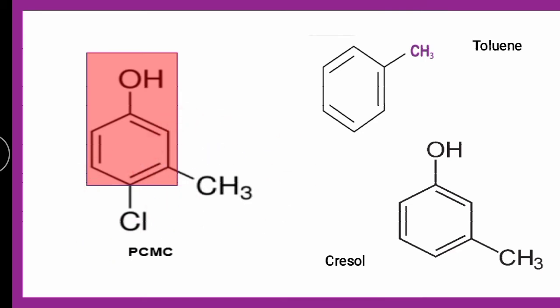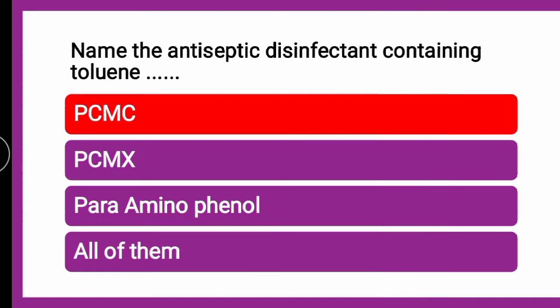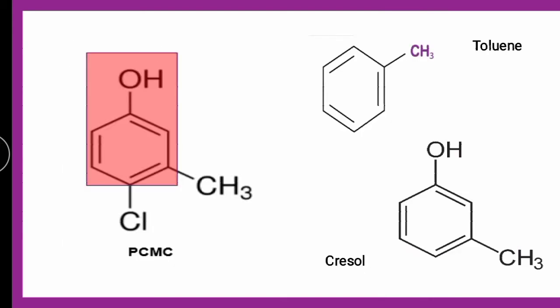If you look into the internal structure, this is toluene. When CH3 at meta position is attached on the benzene ring, it is toluene. And when the hydroxy comes in, it becomes cresol from toluene. And since this complete part is toluene, this PCMC is the antiseptic disinfectant which contains toluene.